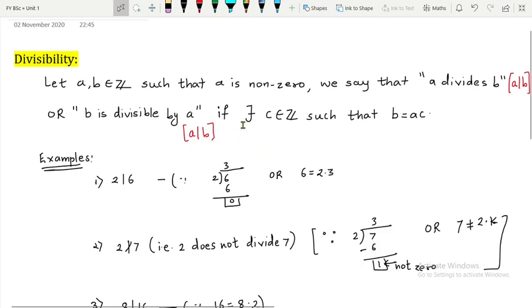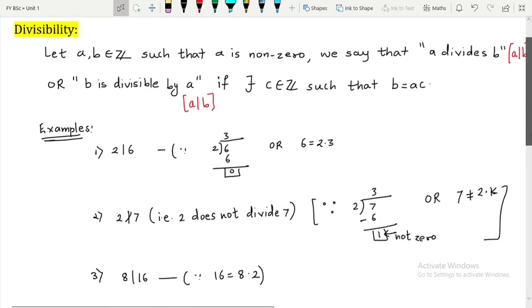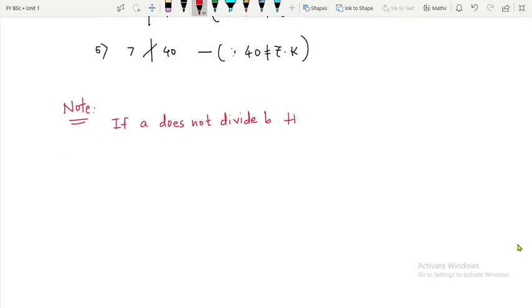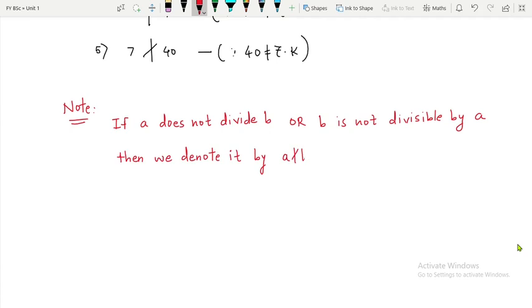There exists means we are able to find it, right? And if a does not divide b, or b is not divisible by a, then we denote it like this. Now let us go for a few examples.